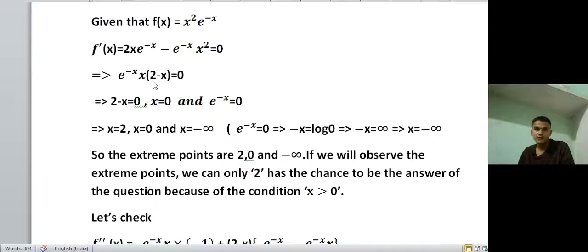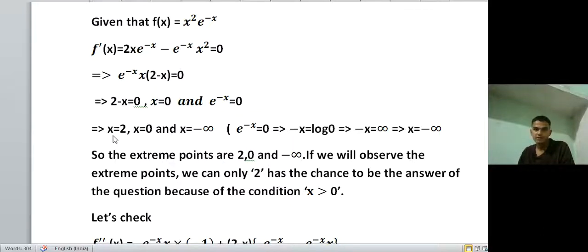If we keep 2 minus x equal to 0, then x is equal to 2.